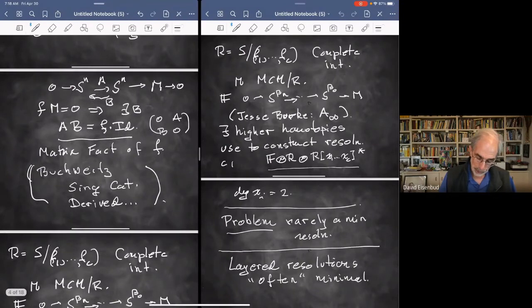The resolution over R looks like R^n, A. Well, A times B is F, so that's 0 over R. So I'll put a bar here over A to say I've tensored with R. R^n, B, so that's a complex at least because AB is F times the identity.